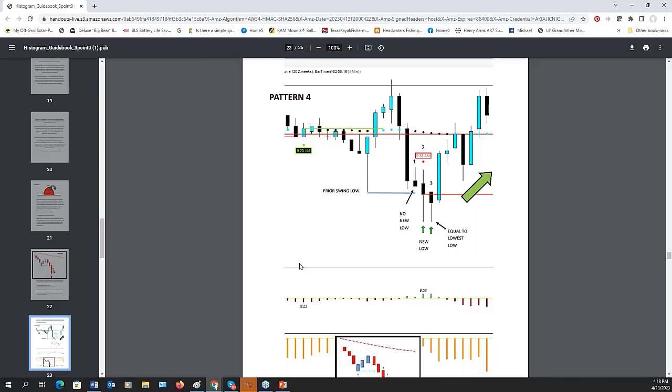Does that make sense? Red turns into essentially green.